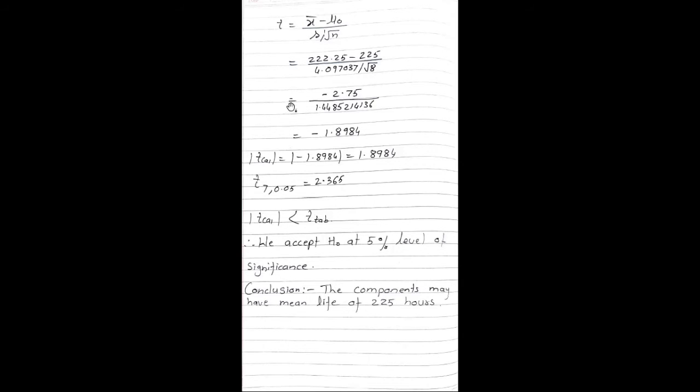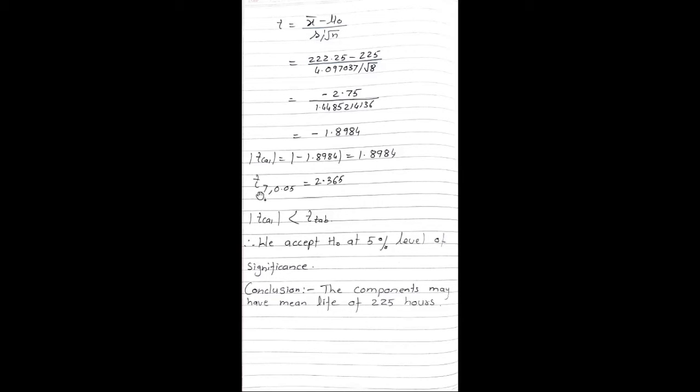So that is equal to minus 2.75 upon 1.4485214. So the final answer comes out to be minus 1.8984. So we will consider mod T calculated as mod minus 1.8984, which is equal to positive 1.8984.